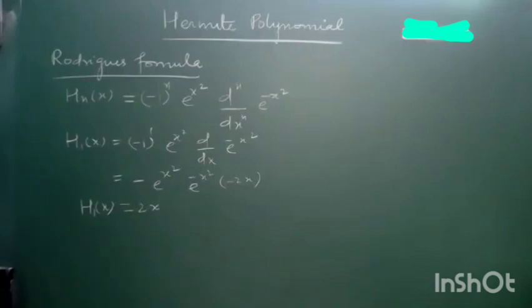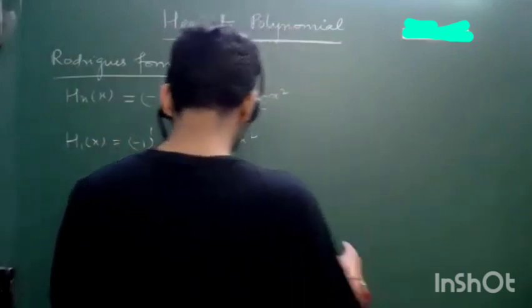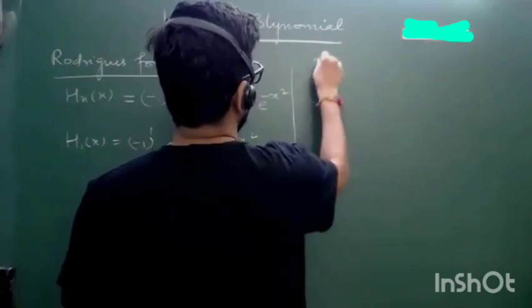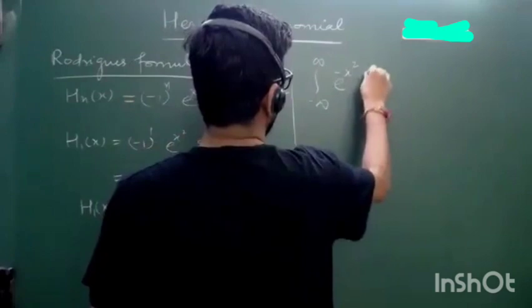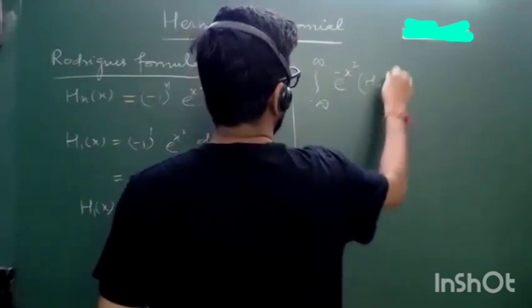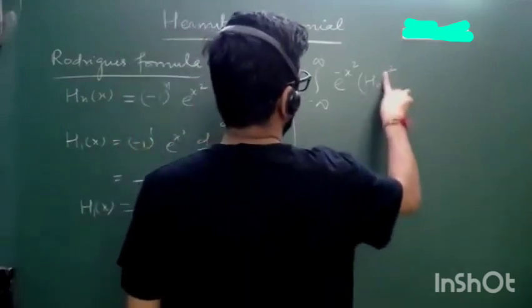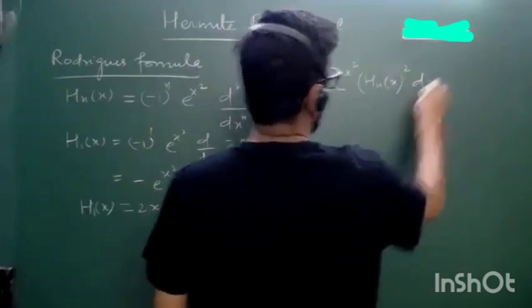Now there is an integral property also associated with the Hermite polynomial, that you have to remember. That is given by the integral from minus infinity to plus infinity of e^(-x^2) H_n^2 dx.